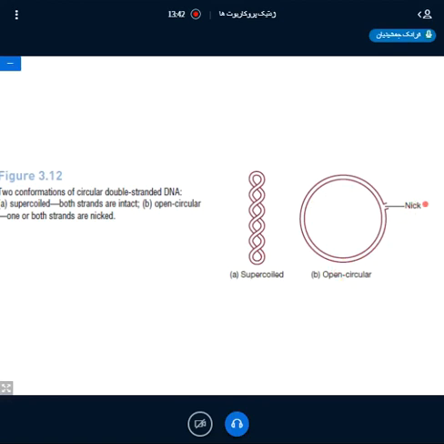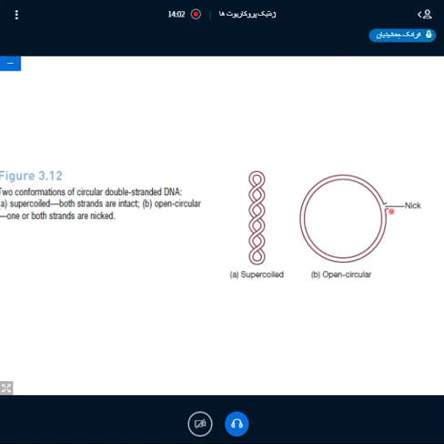So maybe we have some nicks in the chromosome of the bacteria. What will happen if we have some nicks? Do we have supercoils? No.